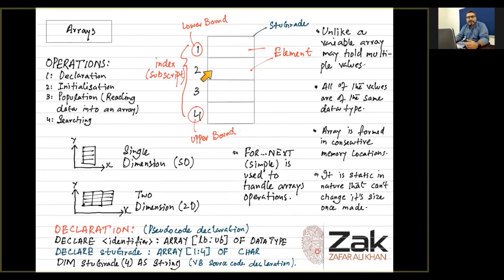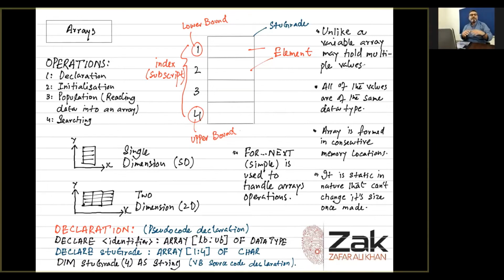Since the lower bound and the upper bound of the array are known, we can always use a for next loop. For a single dimensional array, a simple for next is good enough. So it will start from 1 and will end at 4. Remember one thing, whatever question on arrays appears in the exam will expect you to perform the whole operation in one go.